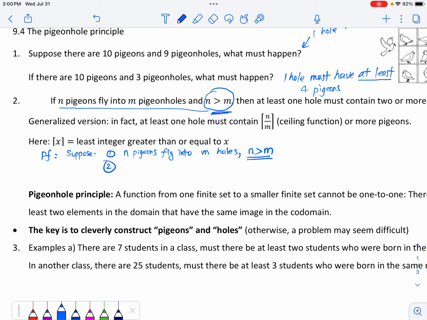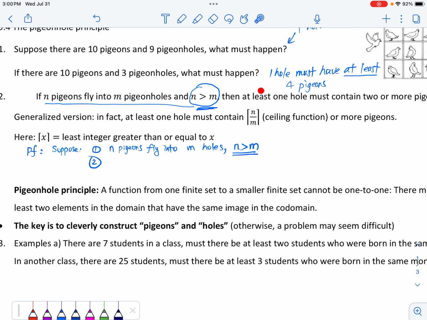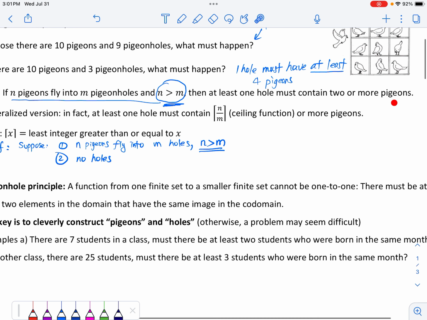Second, that's the if part, right? And then when we prove by contradiction, we also want to assume the negation of the conclusion. At least one hole, that means the negation will be no holes, right? So no holes contain 2 or more pigeons.